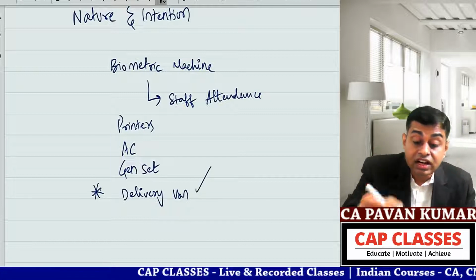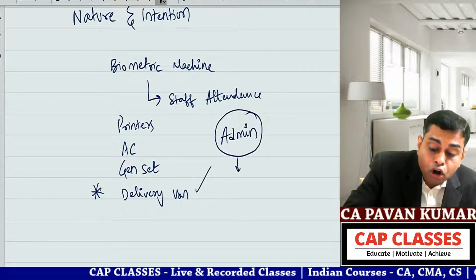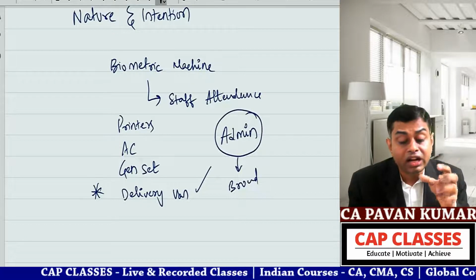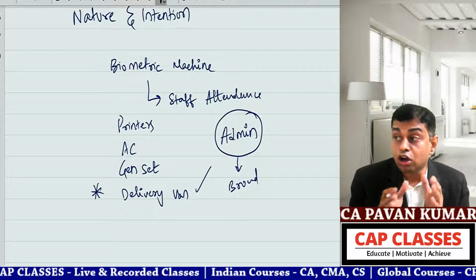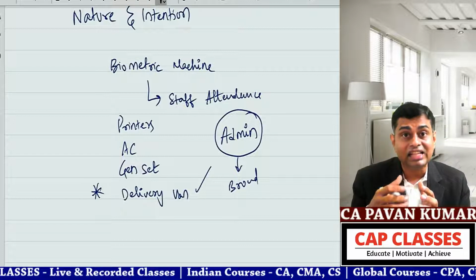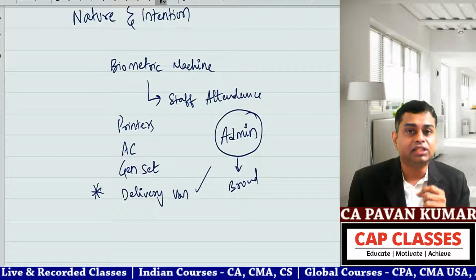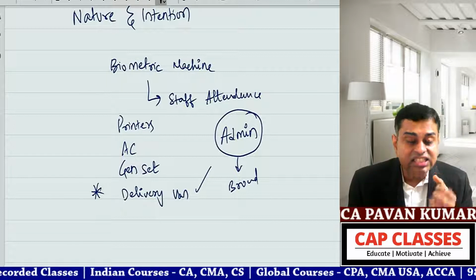The word administrative purpose is very broad. It includes many things, not only your typical administration, which is functional classification. In costing, you might have studied functional classification: production expenses, administration expenses, marketing and selling distribution expenses, research and development expenses.